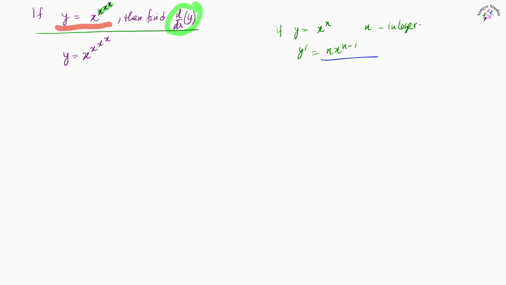So what we will do is assume that this part, x raised to x raised to x, is something like t. So we get y equals x raised to t. And this t itself is, as I've already said, a variable, so we cannot use the power rule to differentiate this.